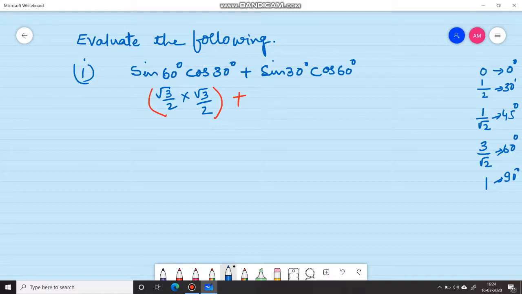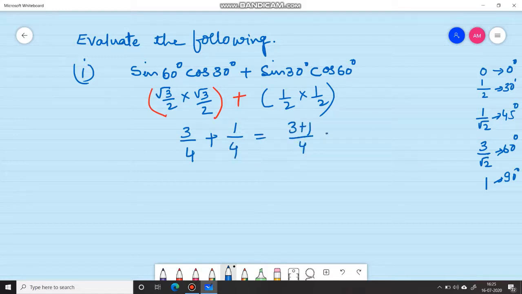You all know what is sin 30? Sin 30 is 1 by 2. So this will become 1 by 2 multiplied by 1 by 2. So children see, root 3 into root 3 will give you 3, and 2 2s are 4, plus 1 1s are 1 and 2 2s are 4. See here you are getting 3 plus 1 by 4. So finally it is 4 by 4 and equal to 1.